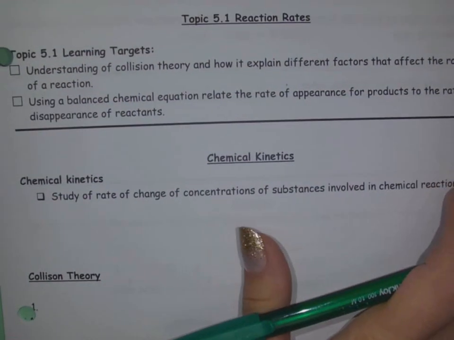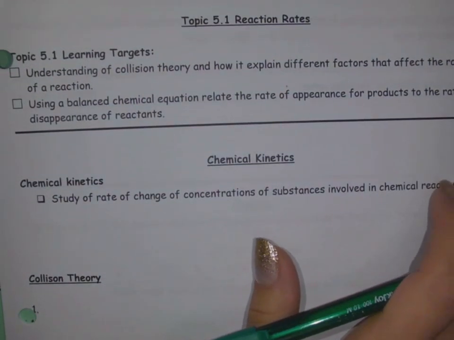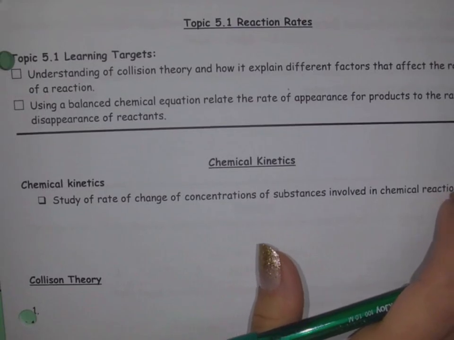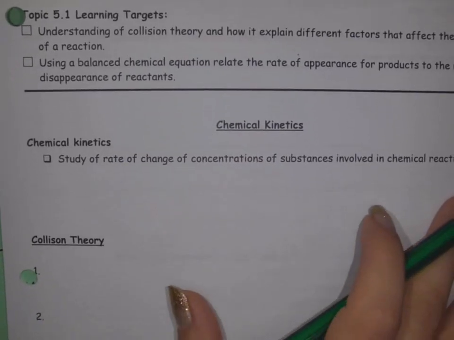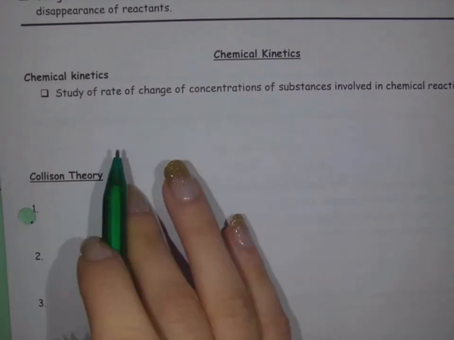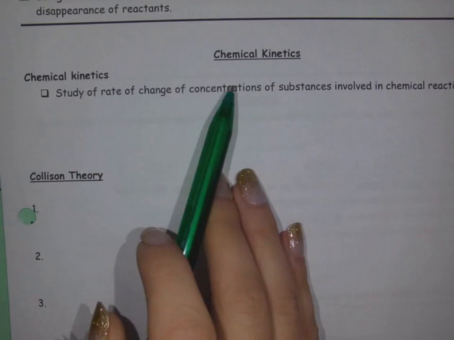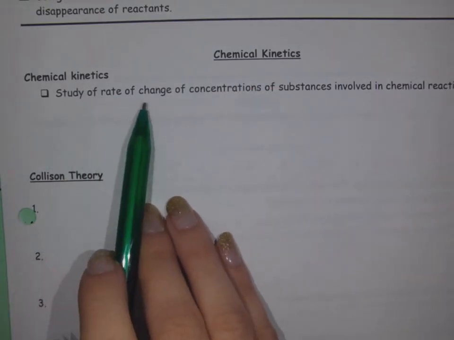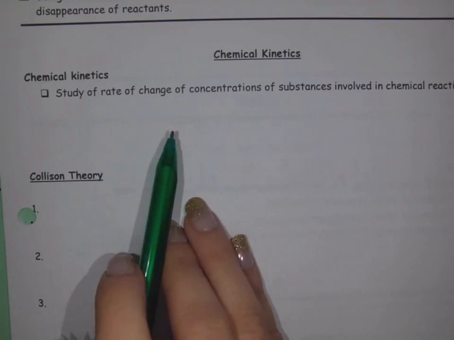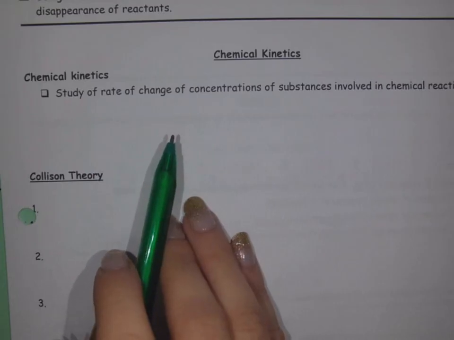We are diving into Unit 5, and we're starting with Topic 5.1. Topic 5.1 is reaction rates, and a fancy name for studying rates of reactions is chemical kinetics. It is the study of the rate of change of concentration of substances involved in a chemical reaction.